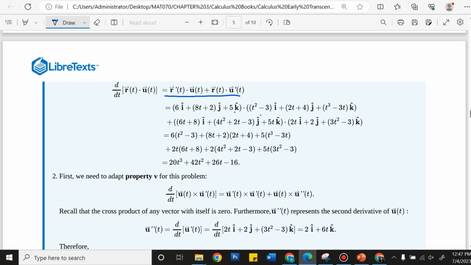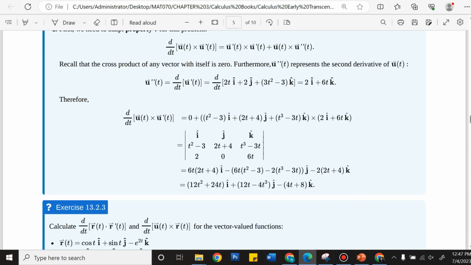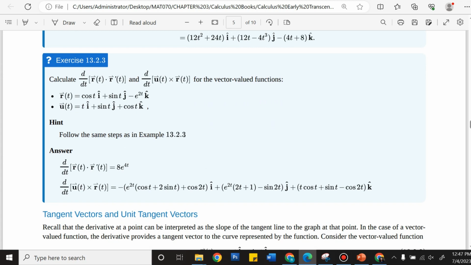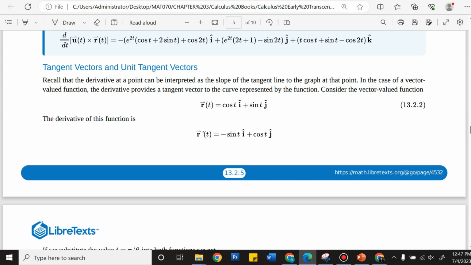Okay? So it is direct substitution after you take the derivative. Try to follow the solution. Okay.